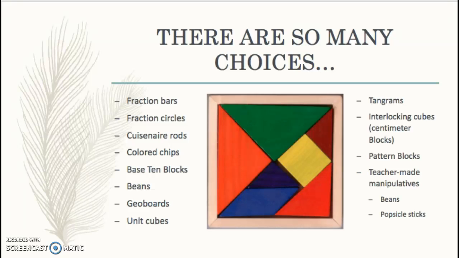They just have different names for them. Some unit cubes do not interlock, which I guess is why they have the difference between interlocking cubes and unit cubes. Then pattern blocks and popsicle sticks, but once again, there are just so many choices of manipulatives that you can use throughout the school year.